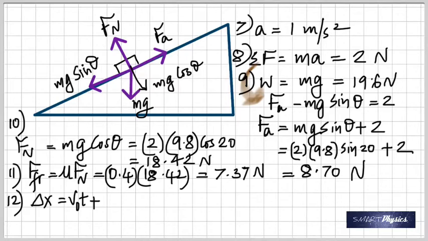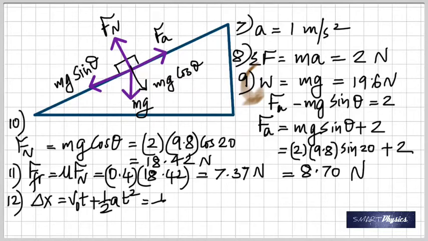Okay, let's go. What's the initial velocity? 0. So you know that. Do you know the time? Yes, it's given as 20 seconds. Do you know the acceleration? 1 meter per second squared. And you're asked to find delta x. What equation comes to your mind? The king. V naught t plus 1/2 at squared.